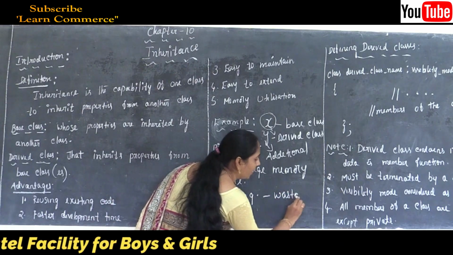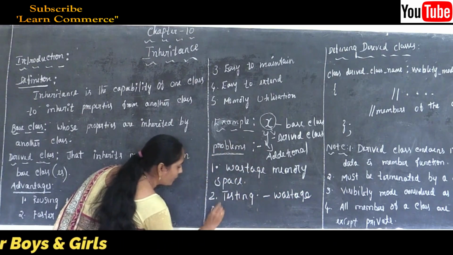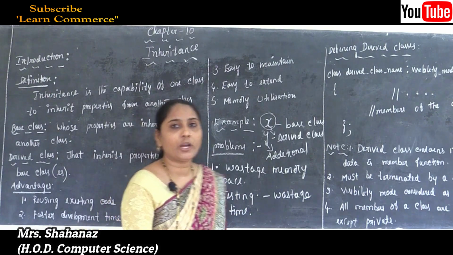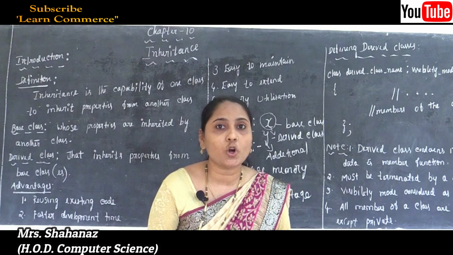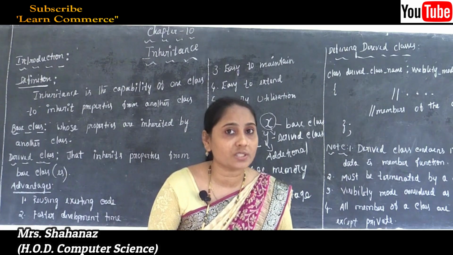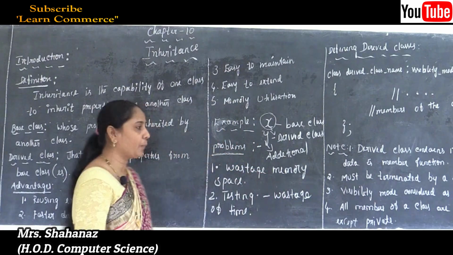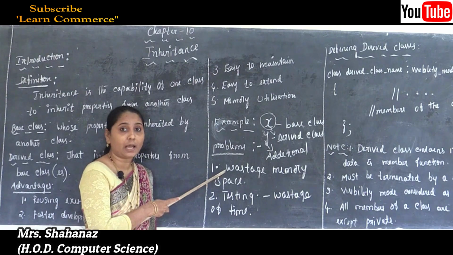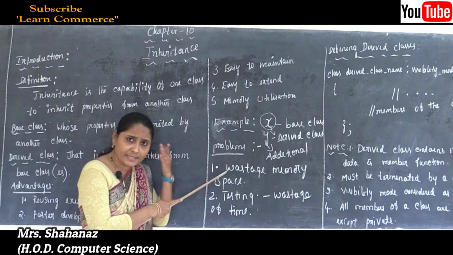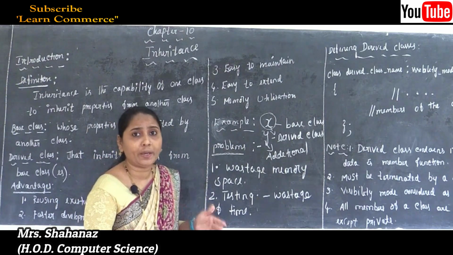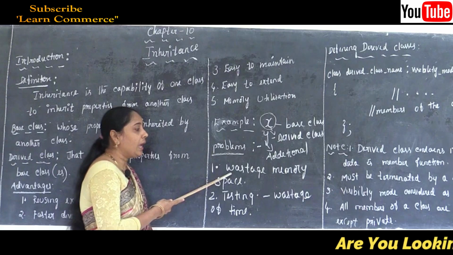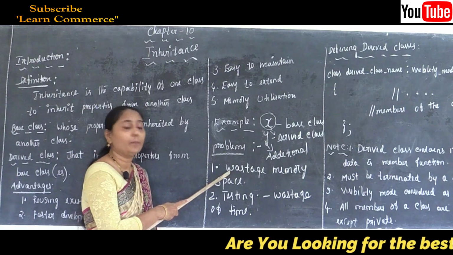Clear this point here? So these are the problems when you use the direct option without using the concept of inheritance. Whatever code is written in class X, when the same code is repeated in class Y, it leads to unnecessary wastage of memory space.